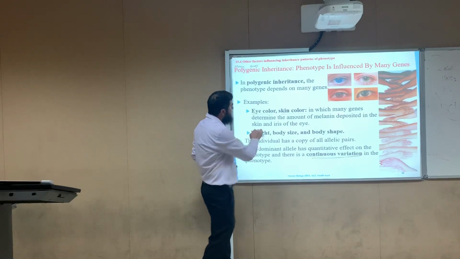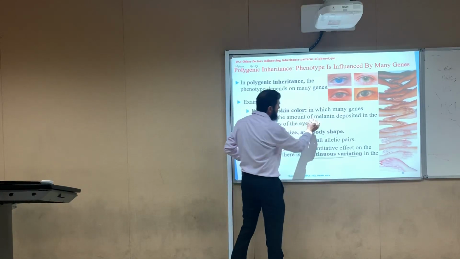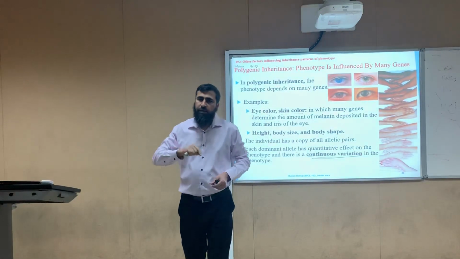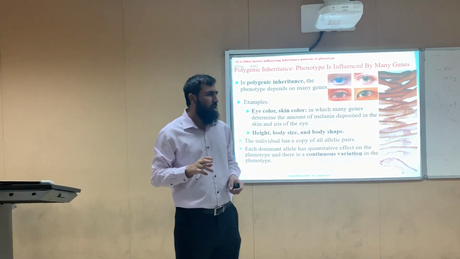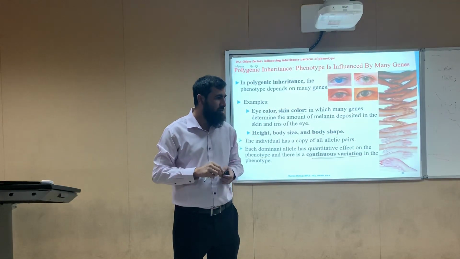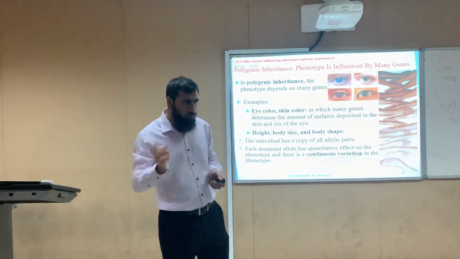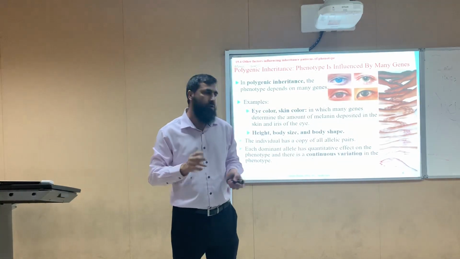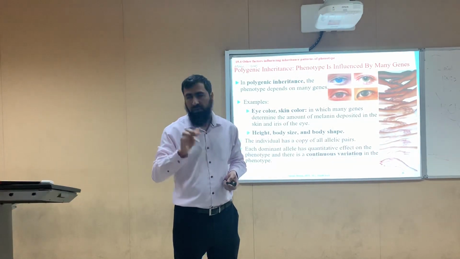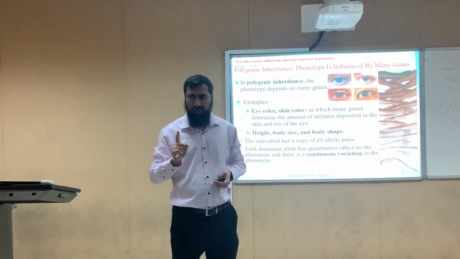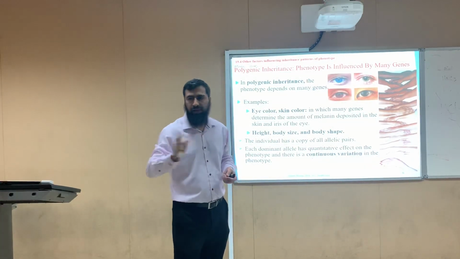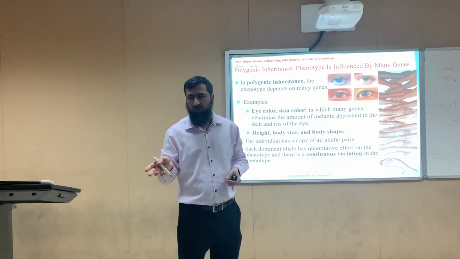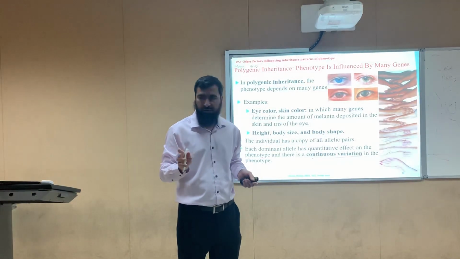This sort of eye color and skin color is dependent on melanin deposition. Remember last week we talked about the albino trait? Normal skin color versus albinism is controlled by one gene, with complete dominance, and albinism is recessive.